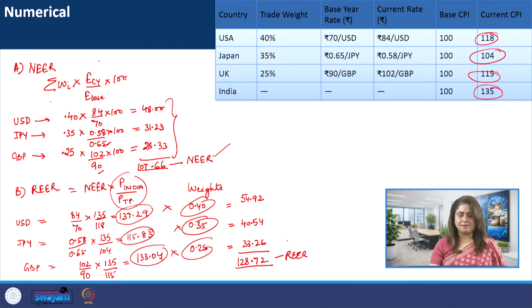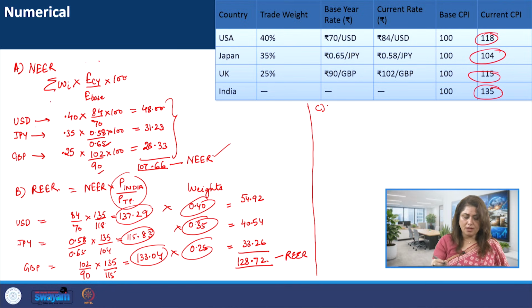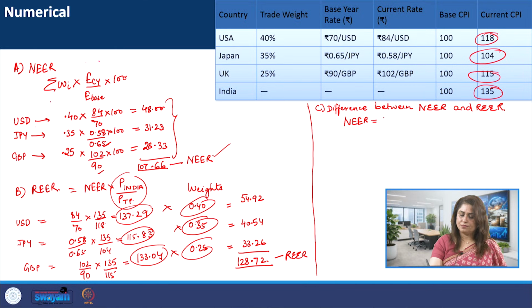Now let us see the C part. It is asking what the difference is between NEER and REER. Here NEER is equal to 107.56.